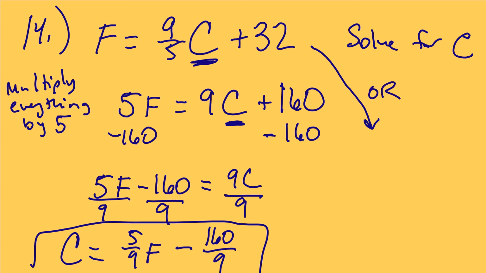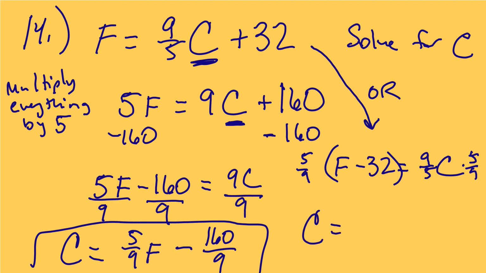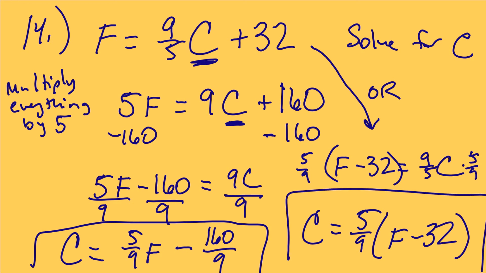So or you could have F minus 32 equals 9/5 C. And then how do you get rid of the 9/5? You multiply by the reciprocal. So they have C equals 5/9 times F minus 32. Some people think that's a little bit more simple. So there's two options. Either one of those. And that's it for 14. And that's it for the assignment.